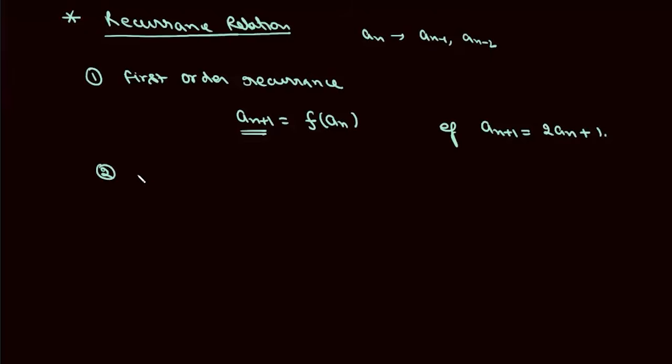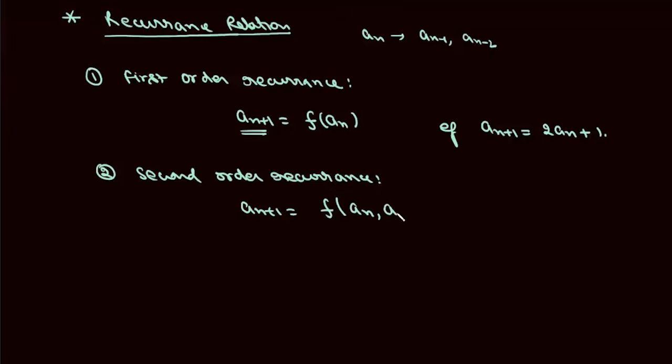Then we can have second order recurrence, where any term depends on the previous two terms. So here a_(n+1) will be a function of a_n and a_(n-1). Say for example, our famous Fibonacci sequence.